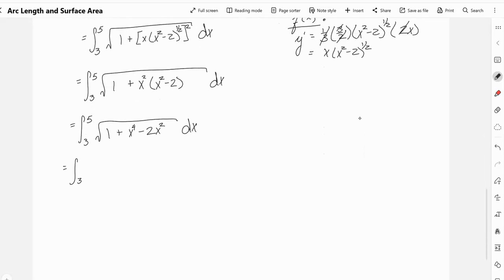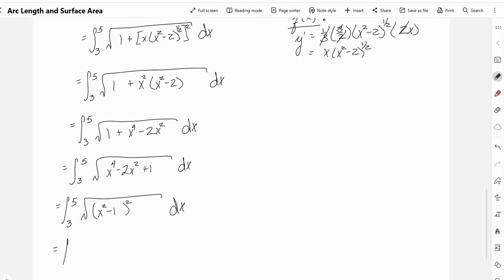Let's see if we can figure out how to integrate that. I'm going to rewrite this as x to the 4th minus 2x squared plus 1. That factors into (x squared minus 1) times (x squared minus 1), which is (x squared minus 1) quantity squared.